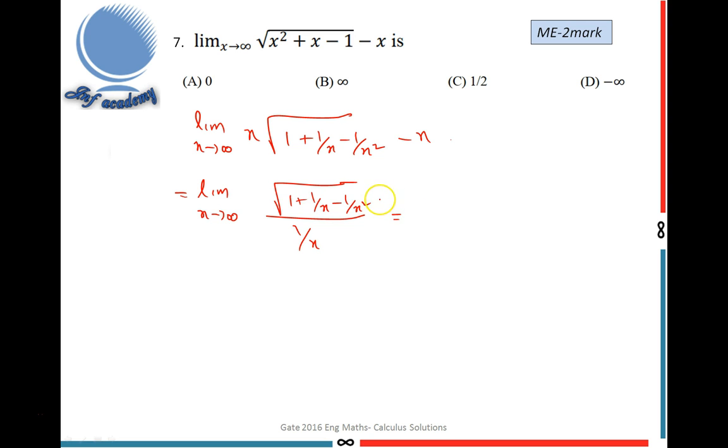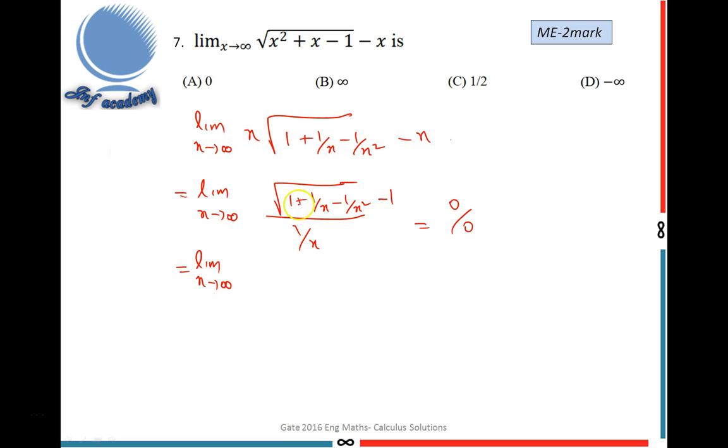Here 1 minus 1 is available, because minus x is common, so take it outside. The root of 1 is 1, so 1 minus 1 divided by 0, which is 0 by 0 form. Next, I apply L'Hospital rule.